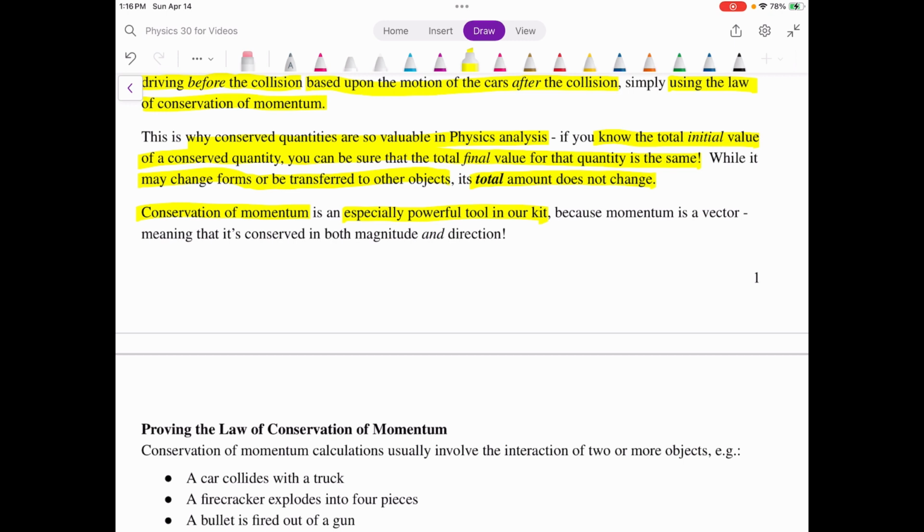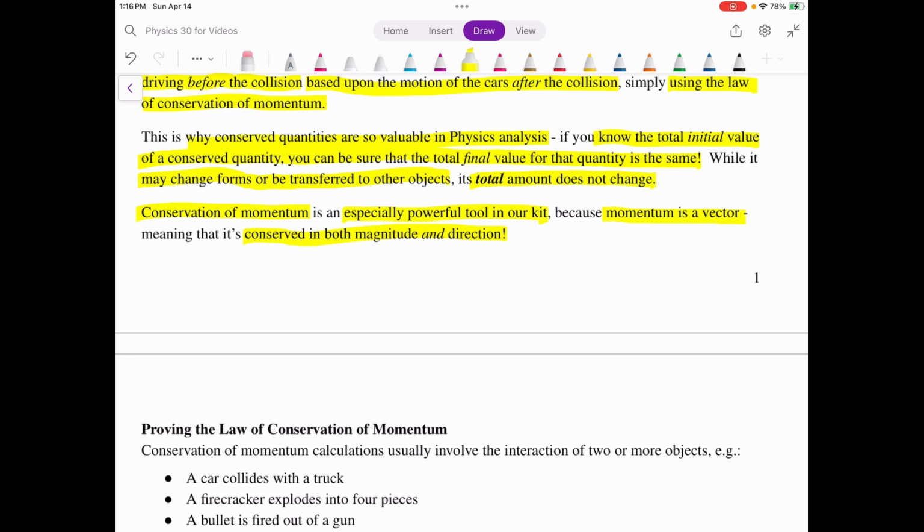And so what's even better about the law of conservation of momentum, it's an especially powerful tool in our kit, and that's because, don't forget, momentum is a vector, meaning that it's conserved in both magnitude and direction. We can't say, oh, the amount of momentum stayed the same, but the direction changed. Well, no, then momentum wasn't conserved because momentum is a vector, right? Direction matters. The same momentum in a different direction isn't actually the same momentum.